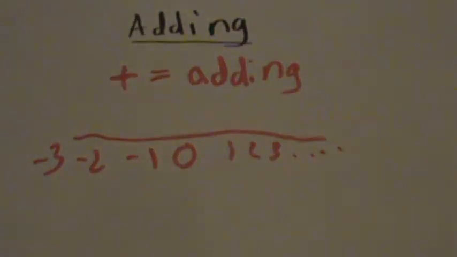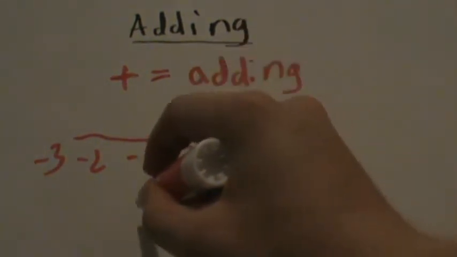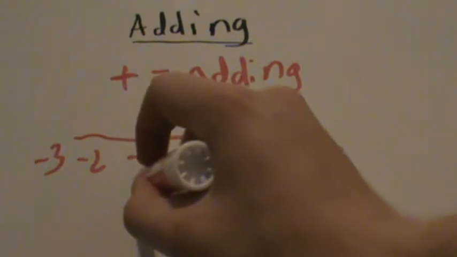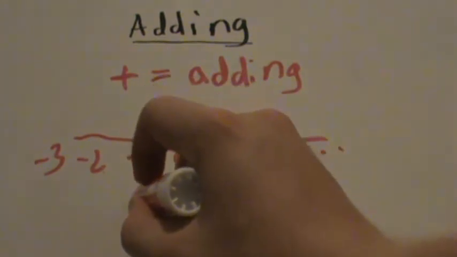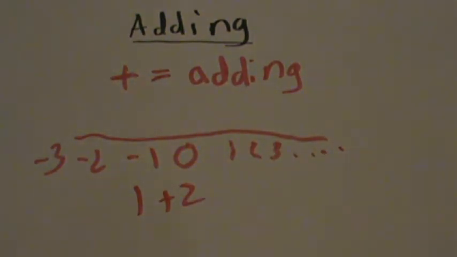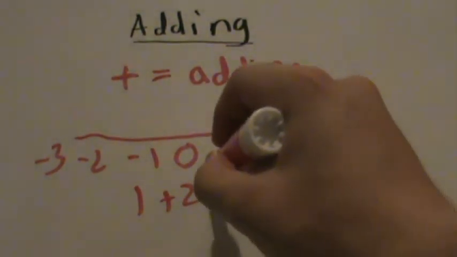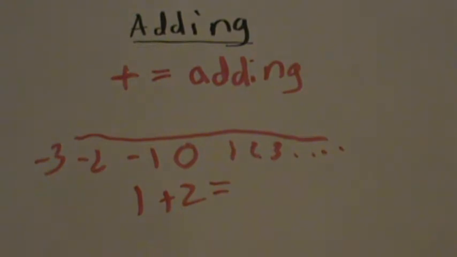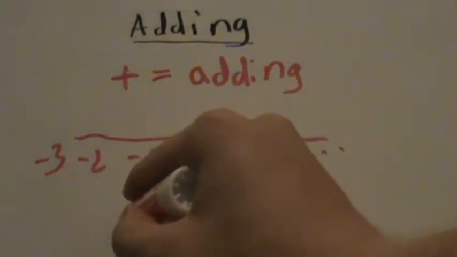Okay, now let's say we have some sort of operation that we want. Let's say we want to add 1 plus 2. So what should we do here? We're basically traveling over the number line.